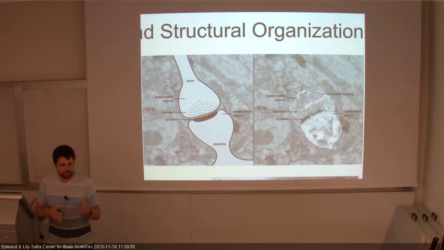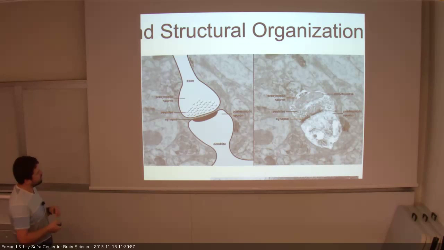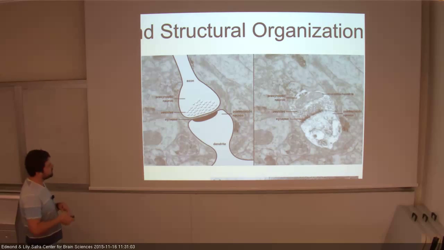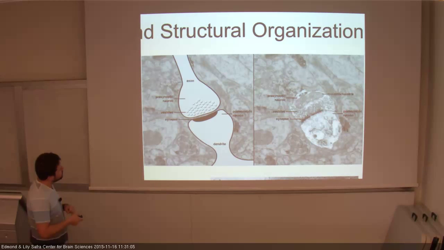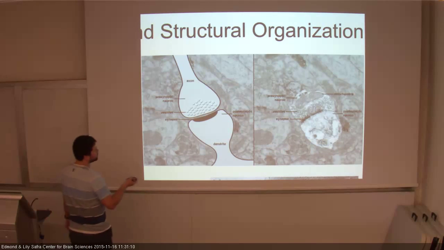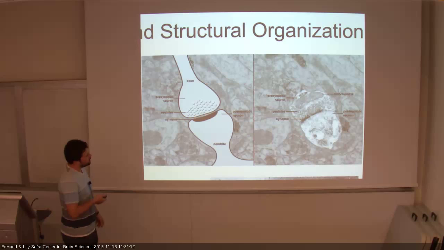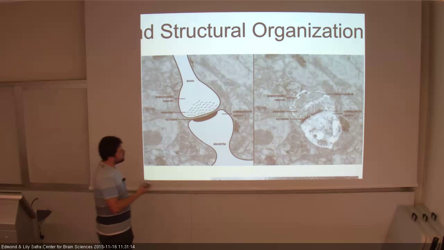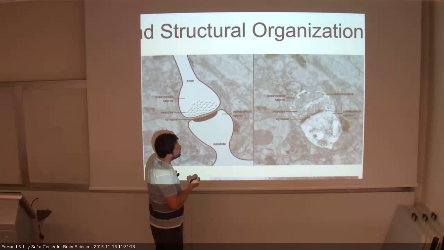So this is part of the membrane of the cell, and this area belongs to the axon of one cell, and this area belongs to the dendrite of the postsynaptic cell, as we would term it. And here you can also see very nice examples of these vesicles.